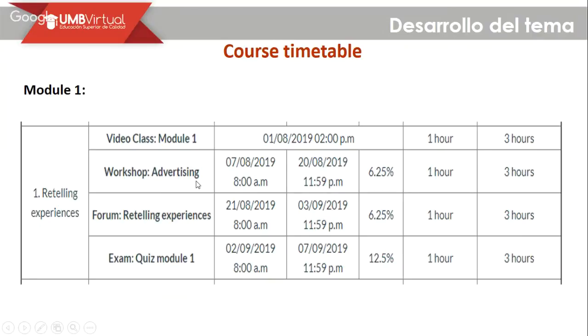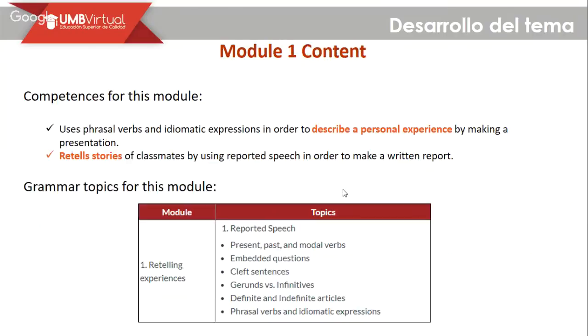This one is going to be available from August the 21st until September the 3rd. Later we have the exam, the quiz. It opens, let's see, on September the 2nd until September the 7th. All right, it's important to take into account those deadlines in order to accomplish the objectives of each of those tasks. All right, let's continue.